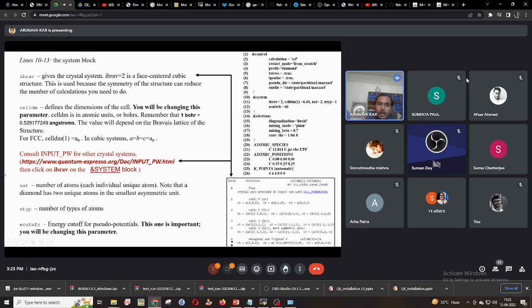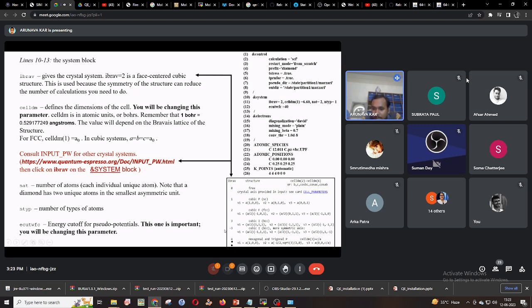So celldm 1 means only the A value, A0, if the structure is cubic. If A equals B but not equal to C, then for C in bracket it will be 3. If you look at this, celldm 3 equals C by A. You cannot directly put the value of C. You have to put the value of C by A.